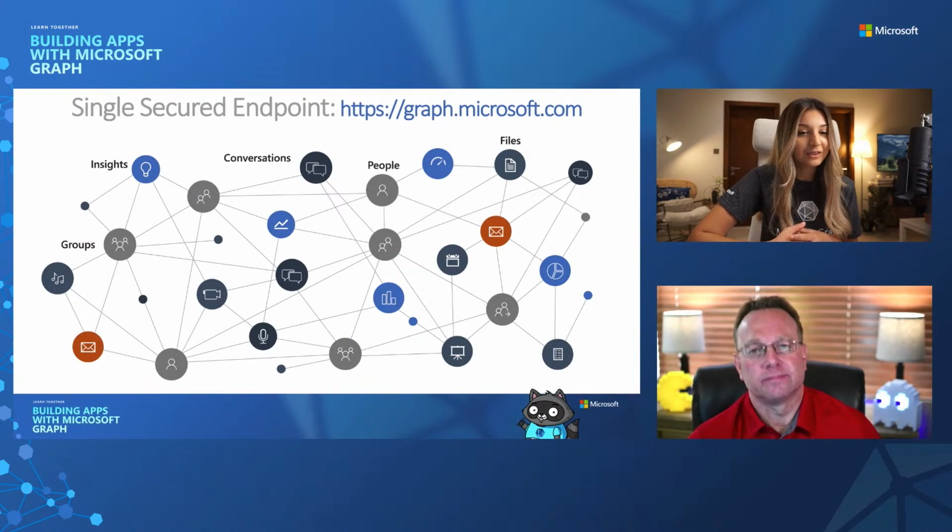Due to a single secured endpoint, you will only need to learn one single endpoint, which is graph.microsoft.com, and you will be able to get all different data sets from Microsoft 365 with that one single secured endpoint. Perfect. Okay. Well, that's really what we need because maintaining our apps over time is always a challenge. So the simpler we can keep it, the better.